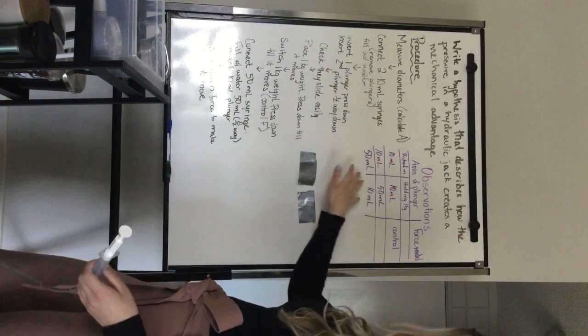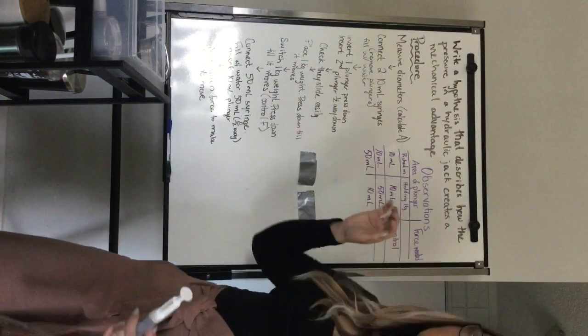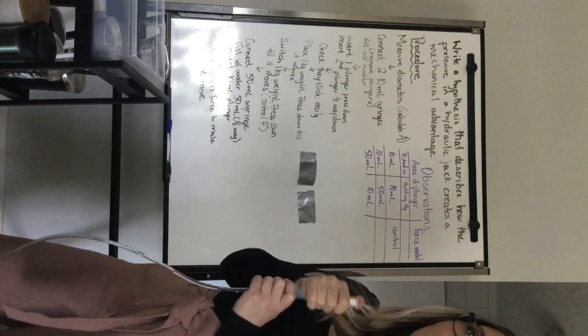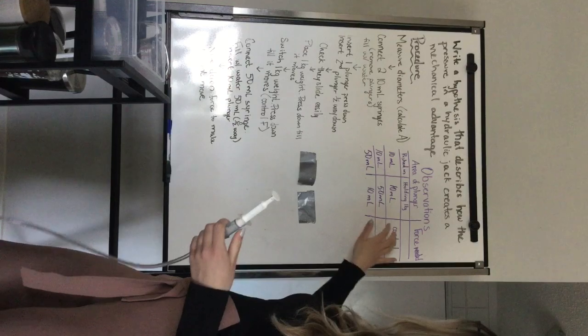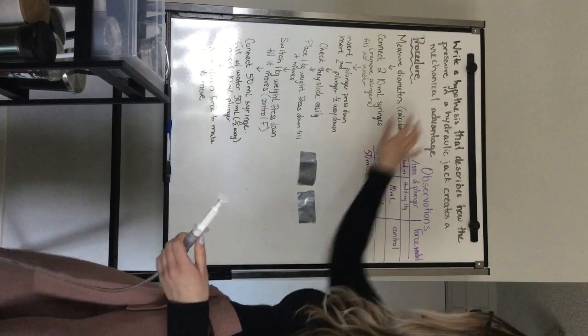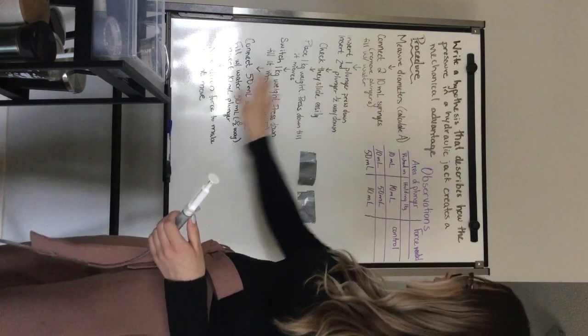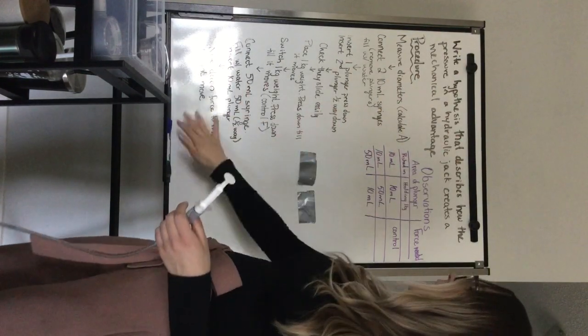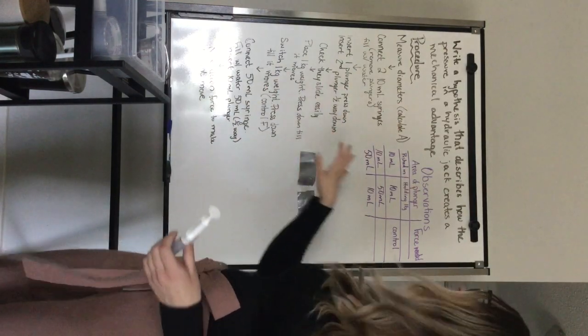So you'll have that, and then force needed. I will tell you if I need to push down harder or if it was easier to push down on them. Next, on this side, you can see I created a flow diagram of the procedure.